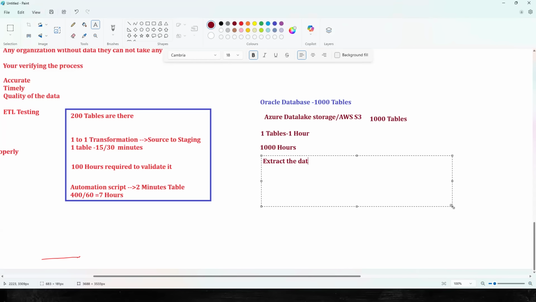If you want to do the data validation, you create a temp table or temp location in the ADLS, and then on top of it you do the data validation.